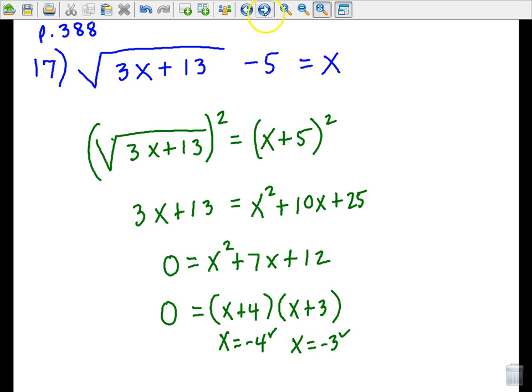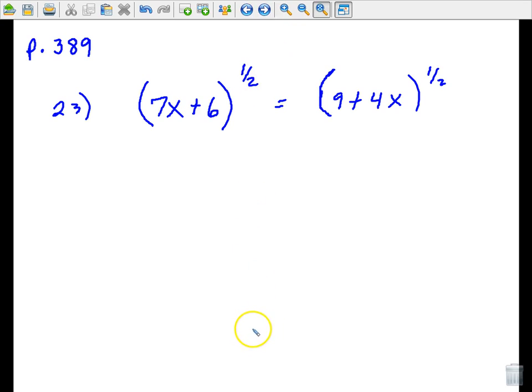All right. Let's run through this one real fast. Virginia, what would you do here? Okay, so you're going to raise the left side to the second, and what about the right? Same thing. All right, very good.